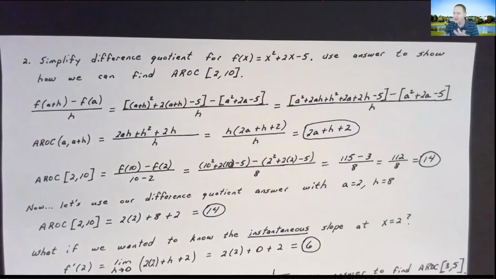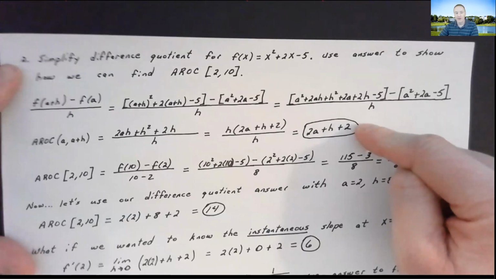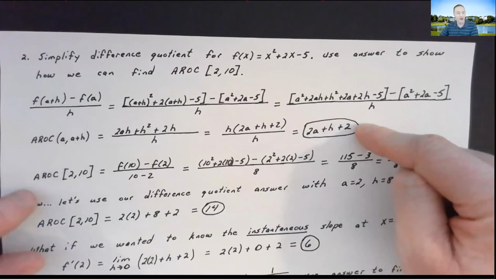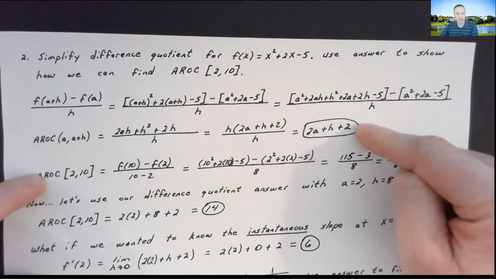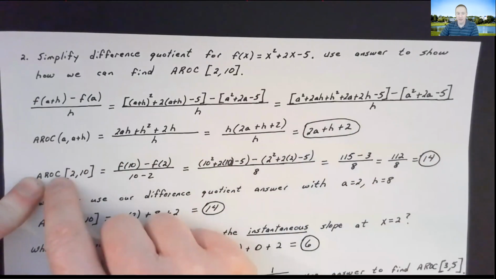Now, stepping away from that average rate of change difference quotient formula, so this is a formula for the average rate of change. That's what the difference quotient gives me. But now, let's say I wanted to find the average rate of change without using that formula first. Okay, I know the average rate of change, it's just the change in y over the change in x.